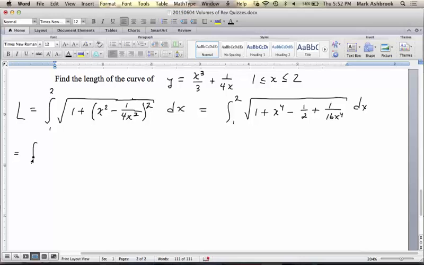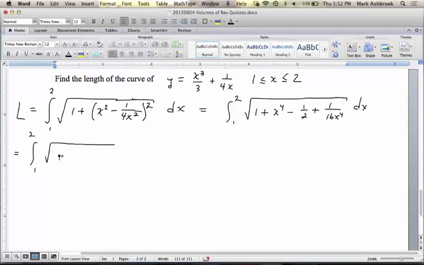Stop me if I lose you. How do you get that? When you do a binomial square, it's that squared plus 2 times that times that plus that squared. Oh, okay. So the x squareds just go away. It's 2 times negative 1/4, which is negative 1/2. All right, so simplify that on the inside.